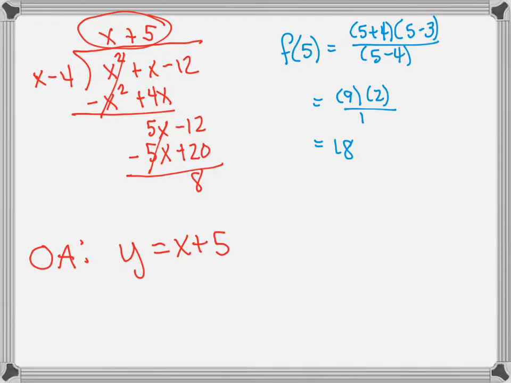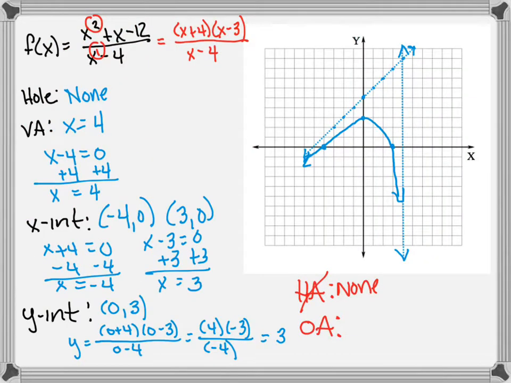So if I go back to that last screen where we can see the graph, we know that we have another part of our graph up here. And of course, it's not going to cross or touch the asymptotes. So that is our graph.